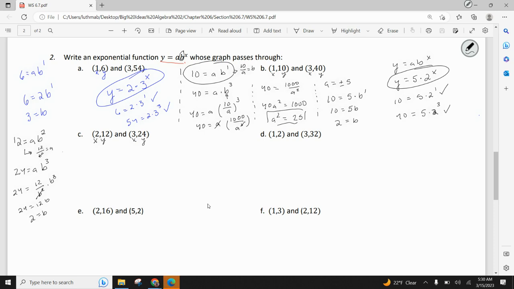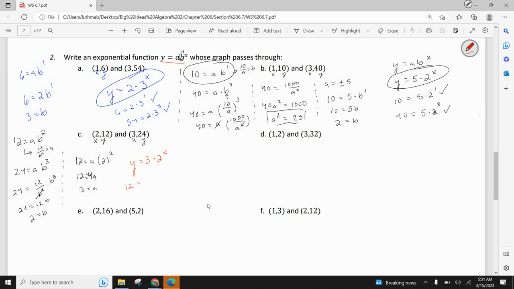If we sub it back into one of these, we'll get 12 equals a times 2 squared being 4. Holy cow. A equals 3, so I think the equation I want is y equals 3 times 2 to the x.